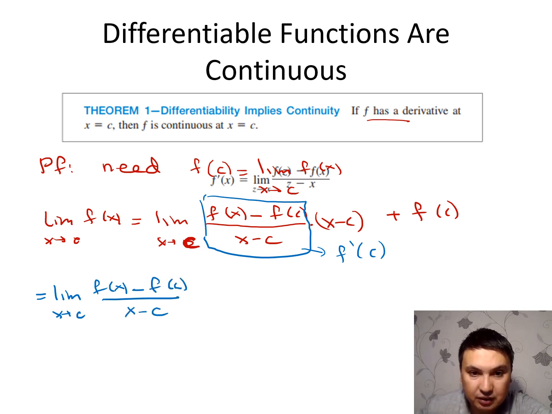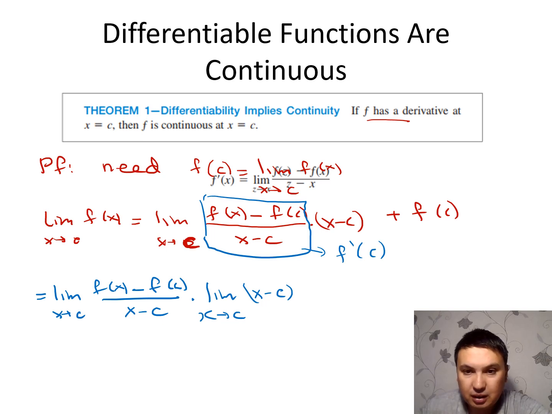We can write the limit of this times the limit of the second expression, x minus c as x goes to c, and we also have the limit of f of c, but that's just a constant.